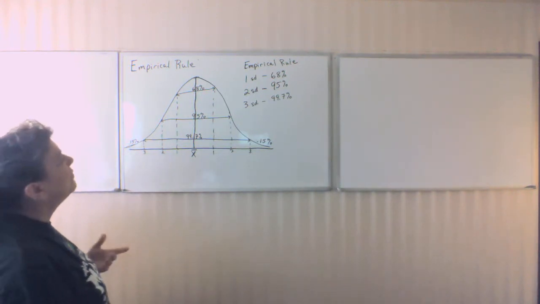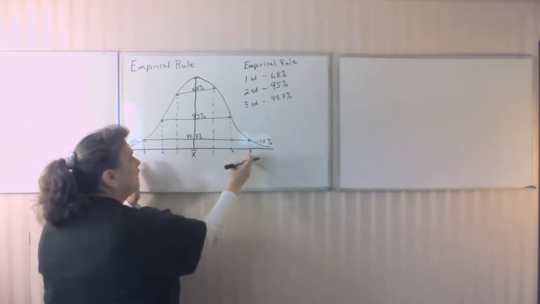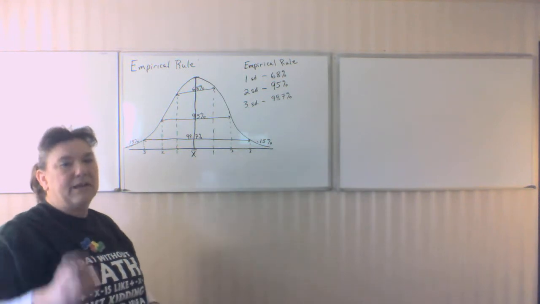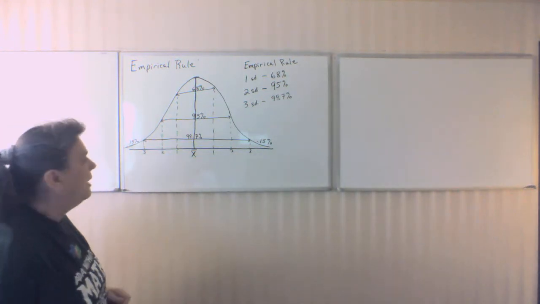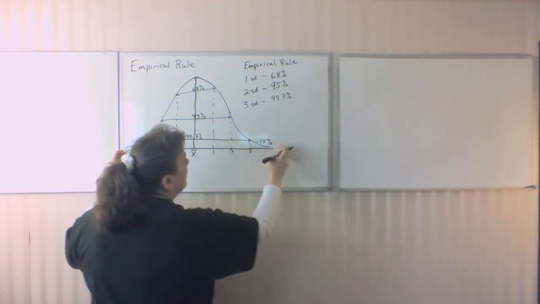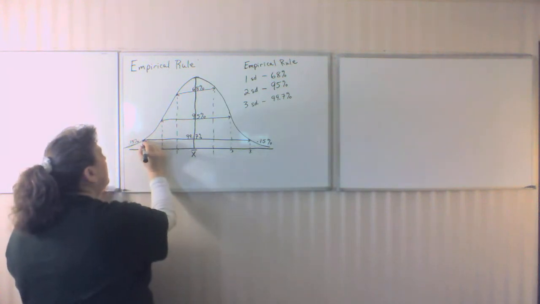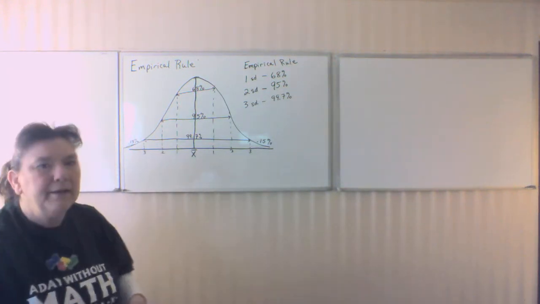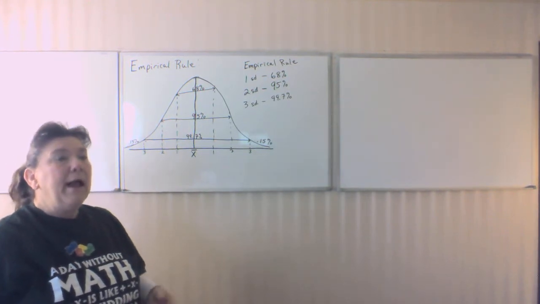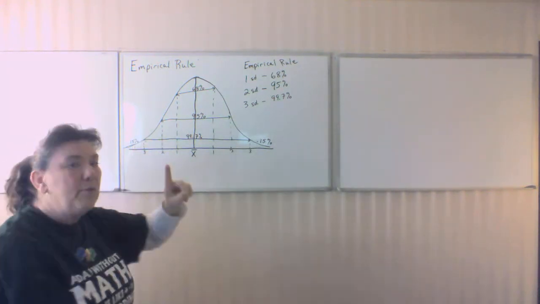We can break this down even farther, and we will. But first of all, I want you to understand that your standard deviations are positive: first standard deviation, second standard deviation, third standard deviation. The other thing you need to understand is that under this bell curve, or normal curve, 100% of your data falls underneath that normal curve. And if you were to take the area under the curve, that would be the number 1.